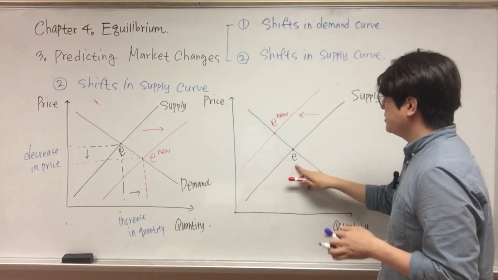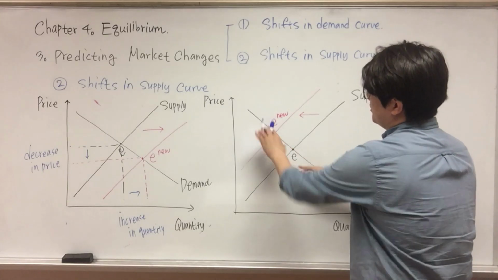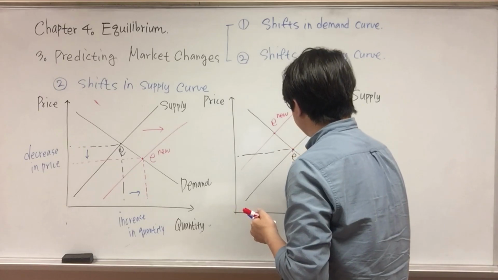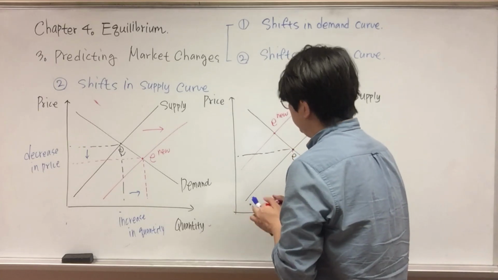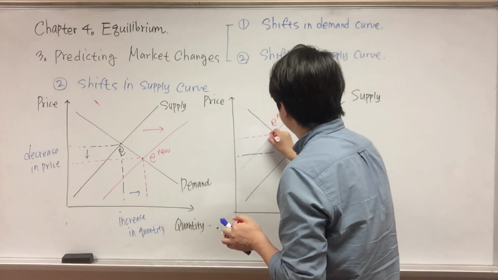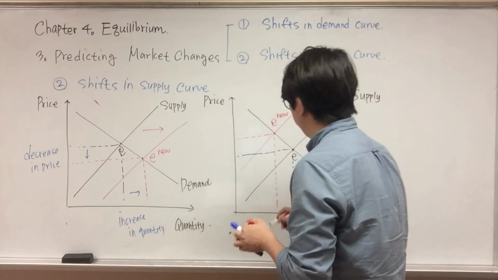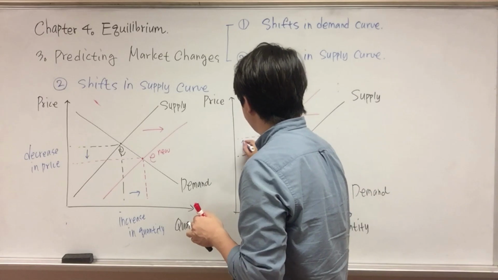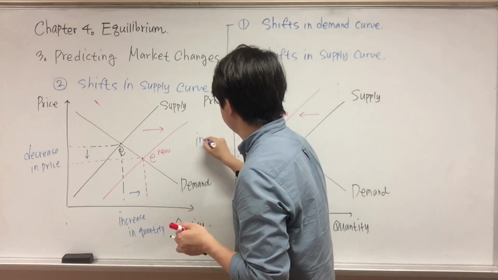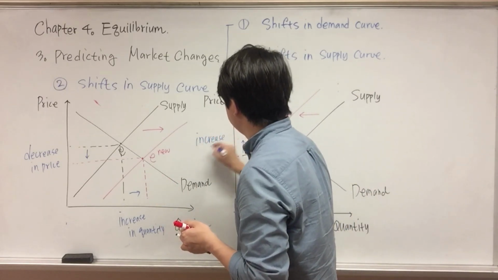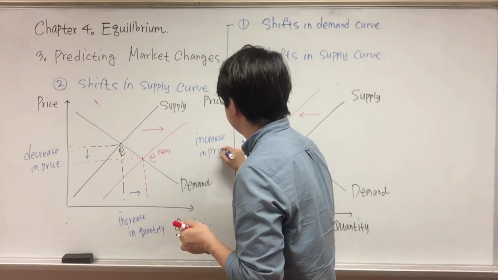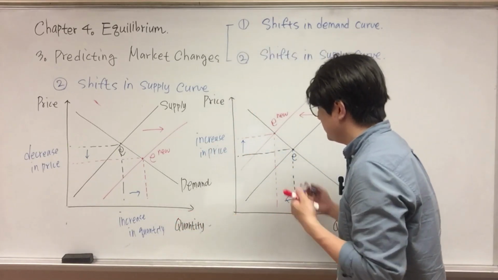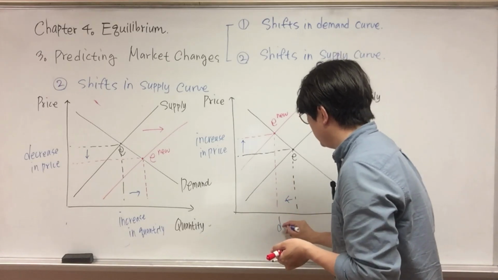So compare the old equilibrium point to the new equilibrium point. Okay, what happened? We have an increase in price. At the same time, we have a decrease in quantity. Okay?